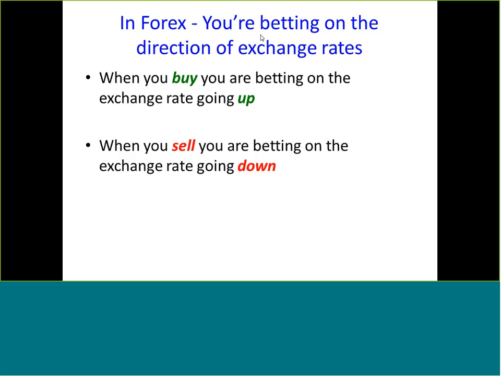But you may want to think about it as buying and selling, or simply making a bet on the direction. So if you think it's going to go down, you're betting that the direction is going to be down, and in order to be a winner, the direction would have to be down. So it doesn't matter whether you're betting on it going up or betting on it going down. If you get it right, you make money. If you get it wrong, you lose money.